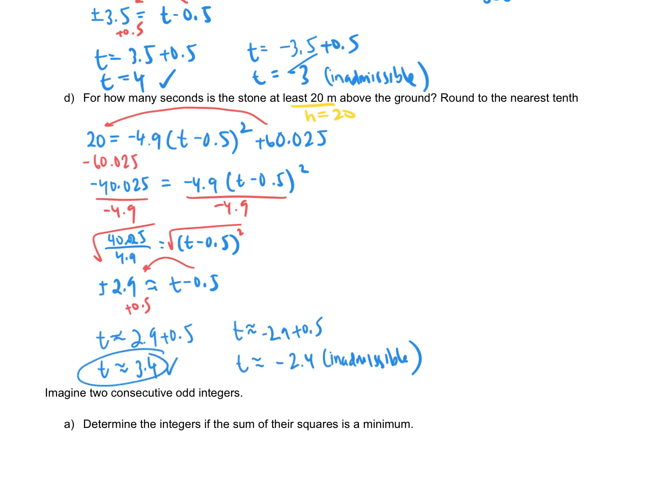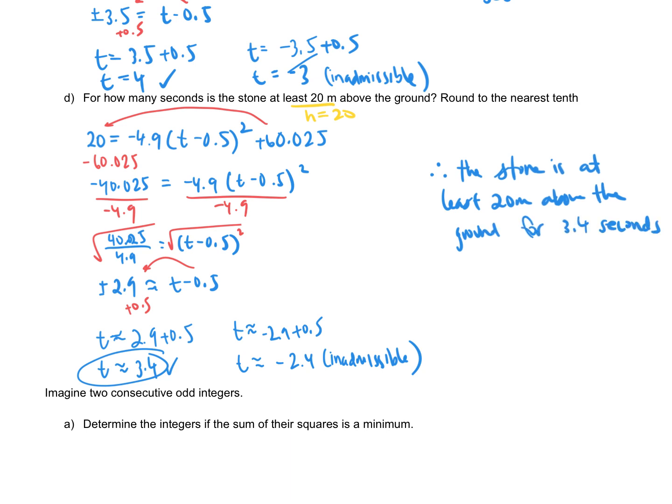So this is my only answer, and because the stone already started over 20 meters above the ground, that means it's at least 20 meters above the ground for the first 3.4 seconds. Therefore, the stone is at least 20 meters above the ground for 3.4 seconds.